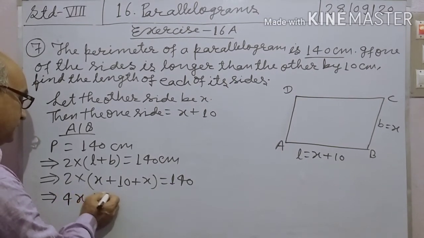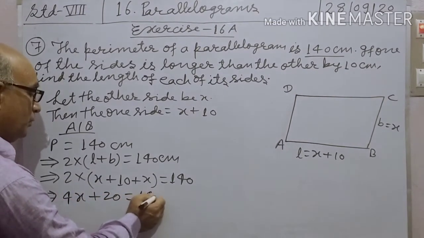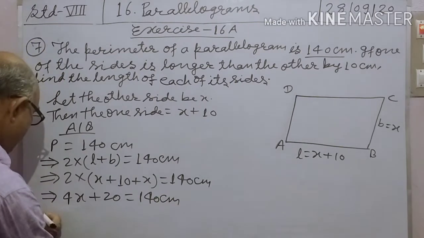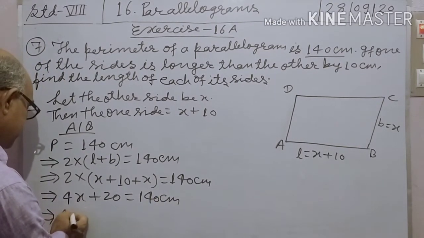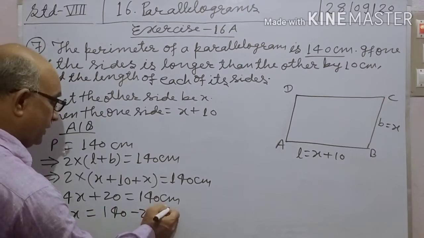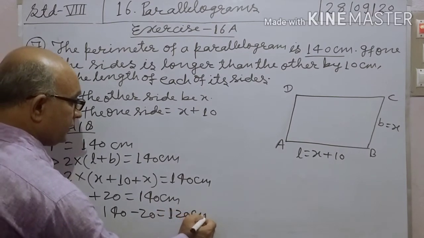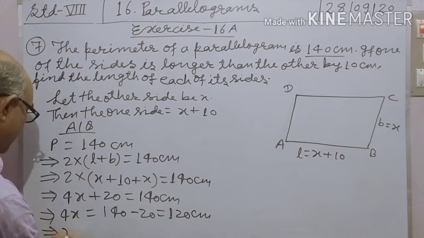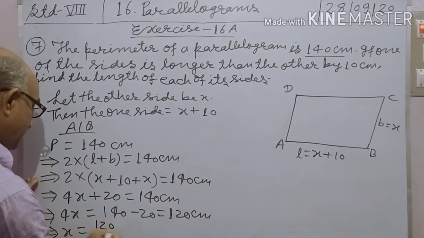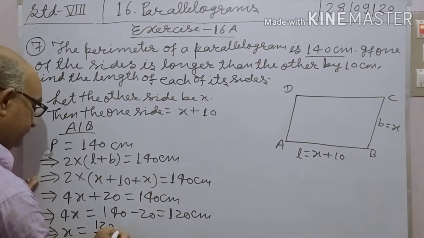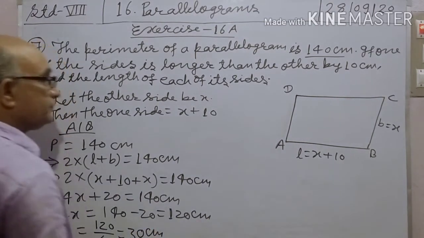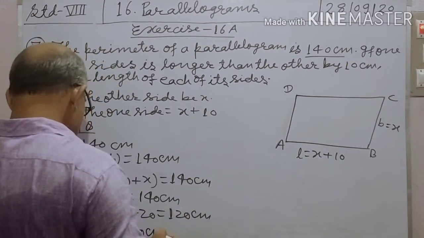So 4X plus 20 equal to 140 cm. That implies 4x equal to 140 minus 20 equal to 120 cm. So x equal to 120 by 4 equal to 30 cm.